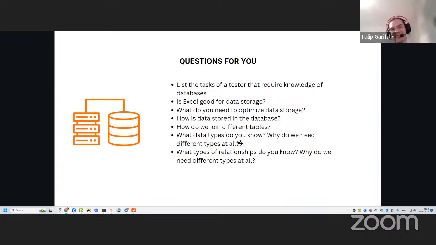More convenience, maybe. Convenient to do what? To find data, to do what you need to do. Remove, add, and so on. Okay, to find data. This is the first reason. Any other reasons?